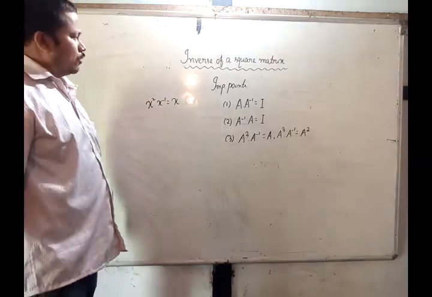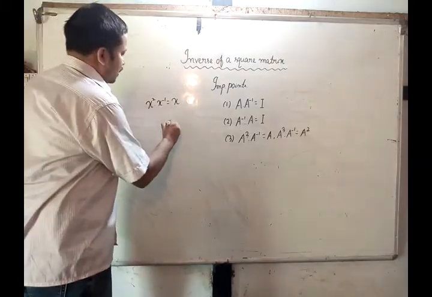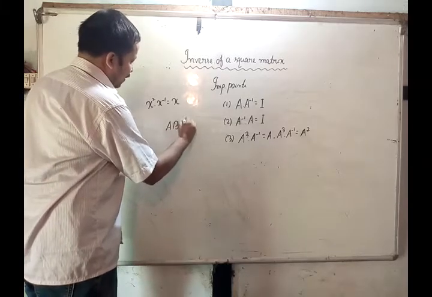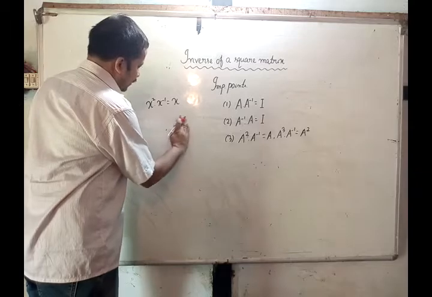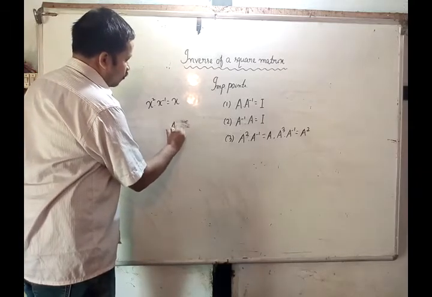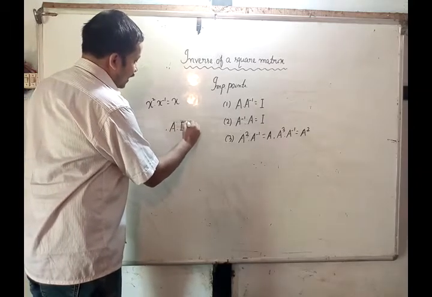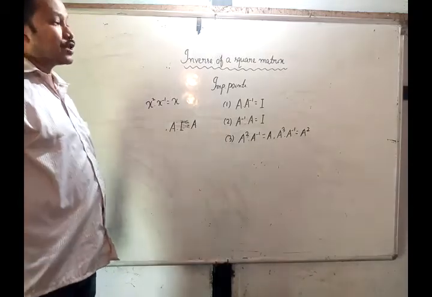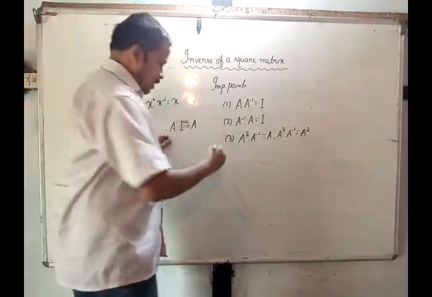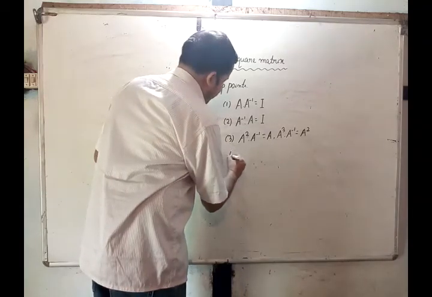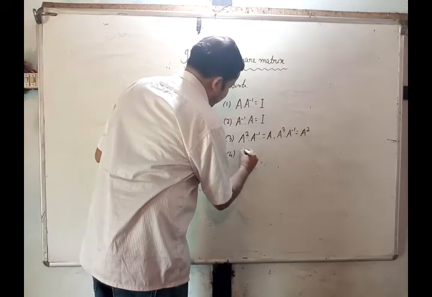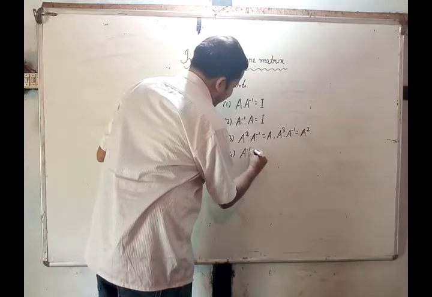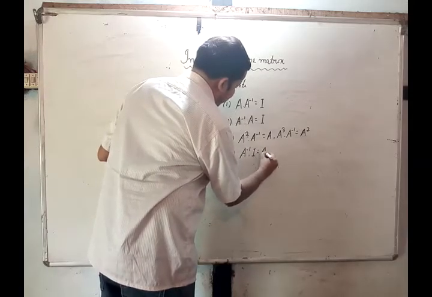Any matrix multiplied by I, the unit matrix, gives the matrix itself. For any square matrix A, A into I equals A. The same thing is applicable in the case of matrix inverse: A inverse into I equals A inverse itself.